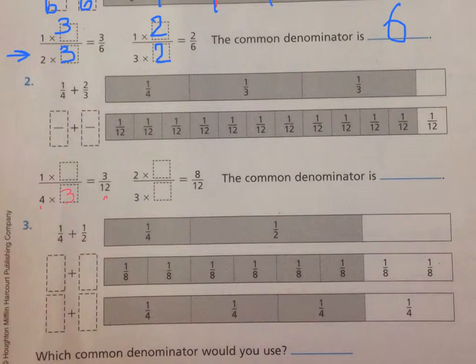You're going to multiply by 3, and whatever you do to the bottom, you do to the top. And how did I get from this 3 to this 12? Multiply by 4. Whatever I do to the bottom, I do to the top. So my 2 new fractions that are equivalent, with a common denominator, a denominator that is the same, 3/12 plus 8/12. It's going to equal 11/12, and our common denominator is what? 12.